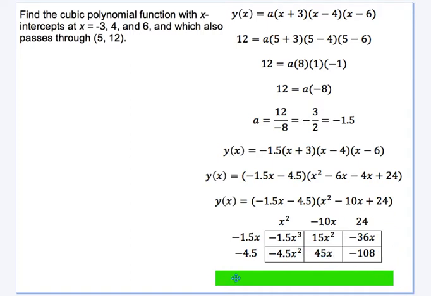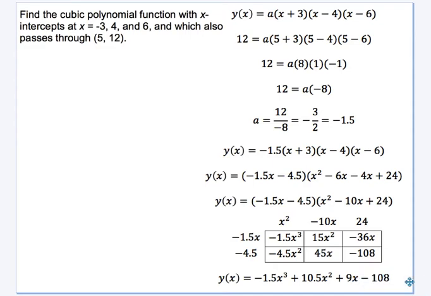Okay, so then I just set up your polynomial. So your first term, negative 1.5 times x cubed, and then add these two terms together, or subtract in this case, and you get 10.5 times x squared, and then the 45 plus the negative 36x gives you positive 9x, and then at the end you just have minus 108.